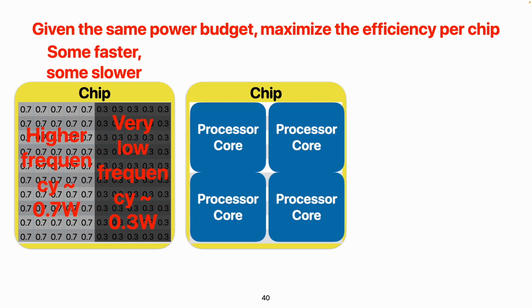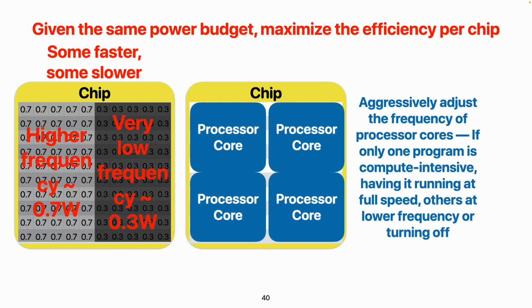So the first option is that we can have some of the transistors running faster, some of them running slower. If we are able to build a quad-core processor like this one, then the option is that we could have maybe two of the processors running faster, two running slower. If we have a compute-intensive program, then we should schedule or automatically power up the processor running that program.